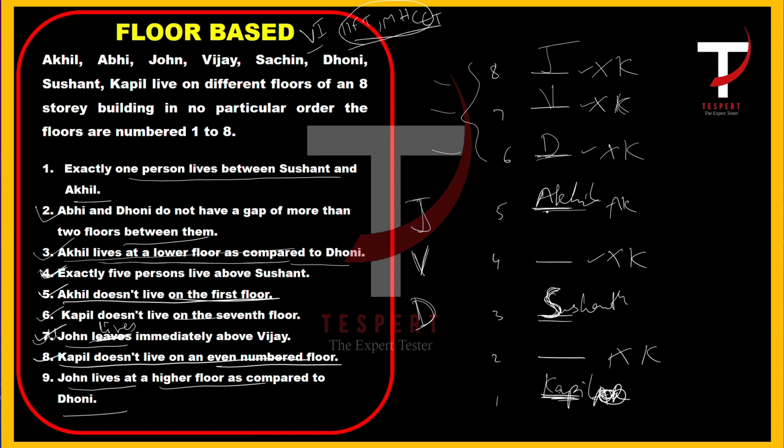So Abhi must be on the fourth floor, because if I place Abhi here, then there will be a gap of 3 floors, which violates this statement. So Abhi must be here, and which one is remaining? Sachin is remaining. So Sachin we will place here. So this is the arrangement.